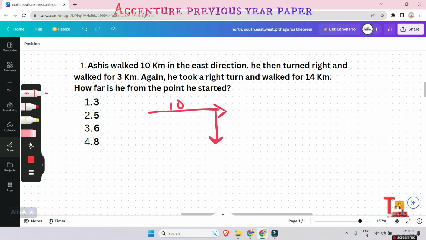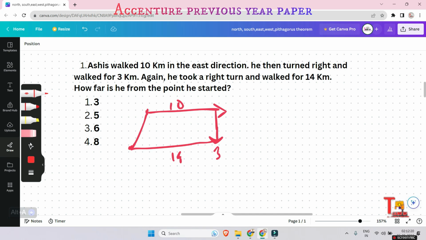Then again he took a right turn and walked for 14 kilometers. His right now means towards the west, so he walked for 14 kilometers. How far is he from the point he started? We have to determine the distance between the starting point and end point.